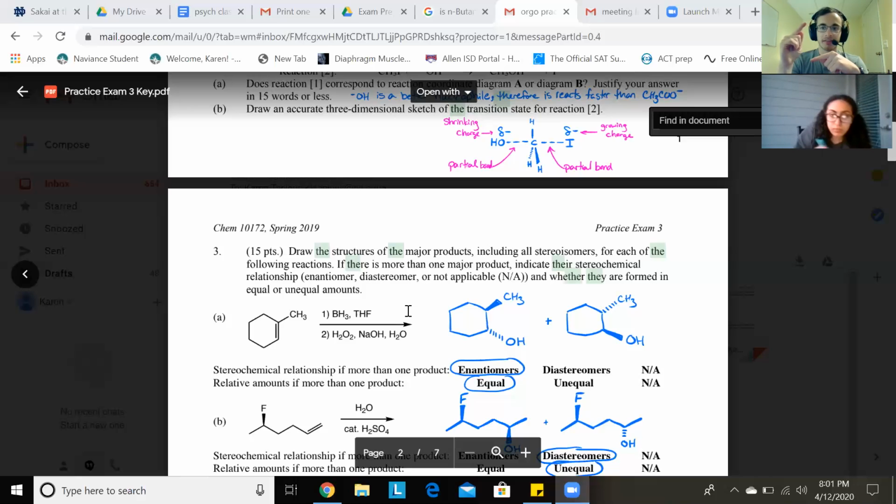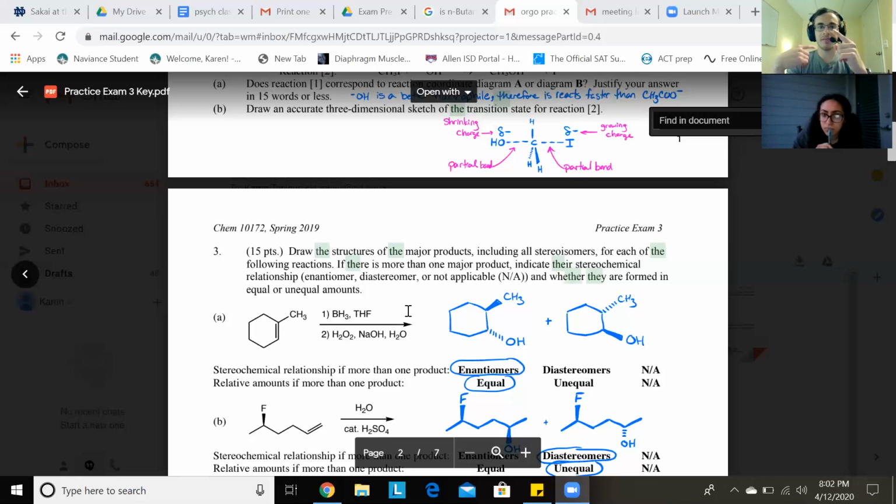If you agree with that, and if you agree that the OH is unchanged in stereochemistry relative to the original boron, then you have to agree that the hydrogen that you added and the OH that you created are syn.